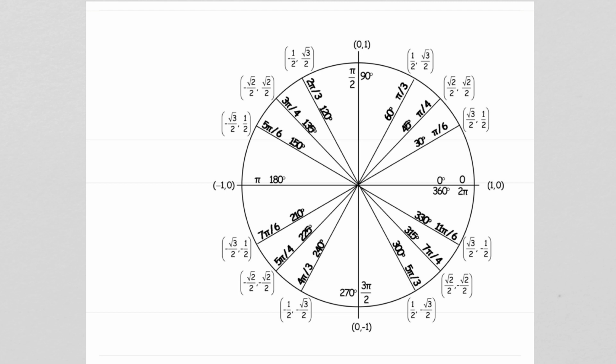So we have 0, 30 degrees is pi over 6: square root 3 over 2, comma 1/2. 45 degrees is square root 2 over 2, comma square root 2 over 2. 60 degrees is pi over 3, and that's 1/2, square root 3 over 2.